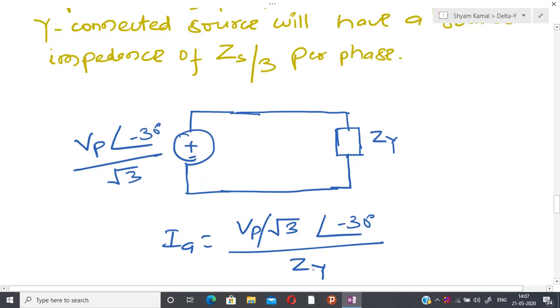And if I am able to calculate IA, then from the positive sequence it is possible to calculate the other values IB, IC.